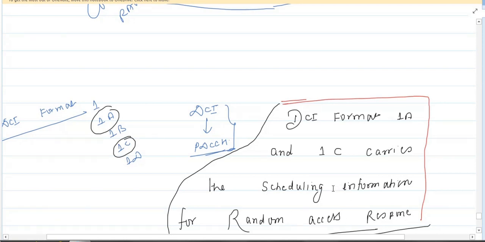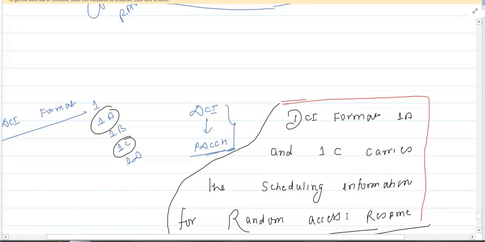Generally that is the mistake on Google: everywhere they write random access request and random access response. But before hearing a random access response, your mobile has to understand the scheduling information for this message. If your mobile does not know where, because this is the random access procedure, how will you check where exactly in your frame?